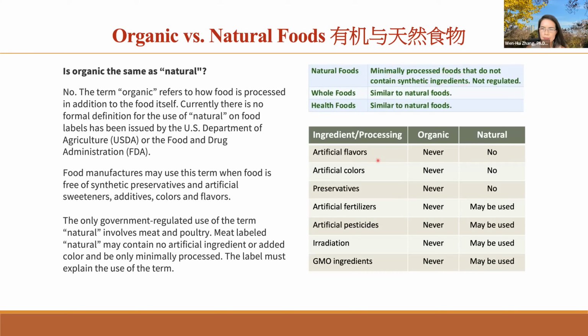So there are no synthetic flavors, colors, or preservatives. And organic never has these artificial flavors, colors, or preservatives. But for artificial fertilizers and pesticides, natural foods may use them. And for irradiation and GMO ingredients, natural foods may also use them.